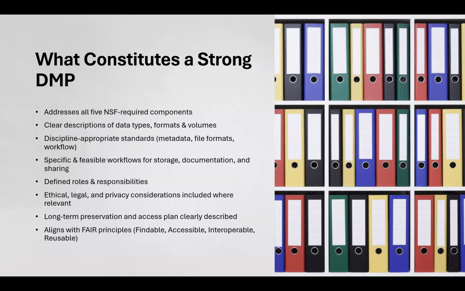You will name who is responsible for what and show that the team understands the community standards. NSF wants to see that you're using appropriate repositories, documenting your data, and planning for long-term access. And increasingly, they expect FAIR-aligned practices. So that's things like persistent identifiers, open formats, and adhering to metadata standards.